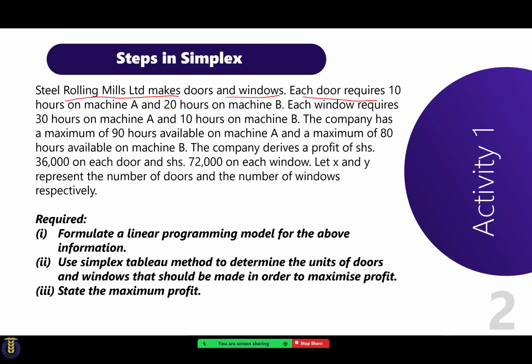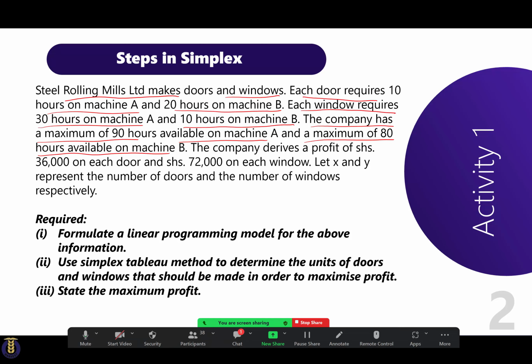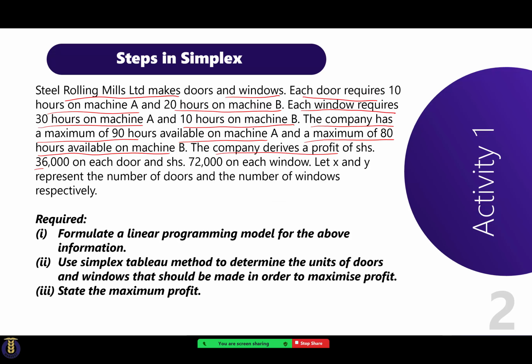Each door requires 10 hours of machine A and 20 hours of machine B. Each window requires 30 hours of machine A and 10 hours of machine B. The company has a maximum of 90 hours available on machine A and a maximum of 80 hours available on machine B.